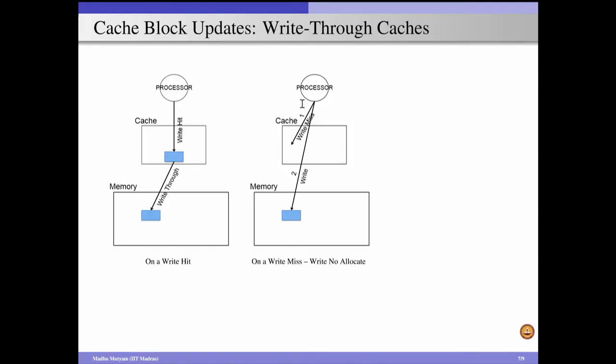So whenever we write to a block in the cache, we also write it to the memory. What happens if there is a miss? On a write miss, we have two options. One is we can either write the data directly to the memory, or we allocate the block in the cache from the memory and then write the data to the cache as well as to the memory.